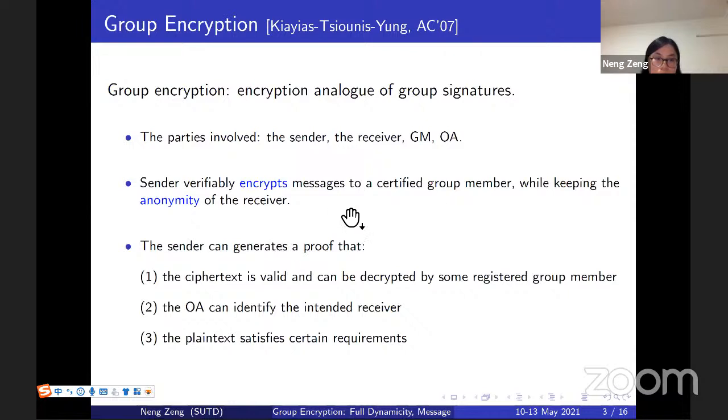More formally, group encryption allows encrypting while the following holds. The ciphertext is well-formed and can be decrypted by some registered group member. Second, the opening authority can identify the intended receiver. And third, the plaintext satisfies certain requirements, such as being a witness for some public relation.